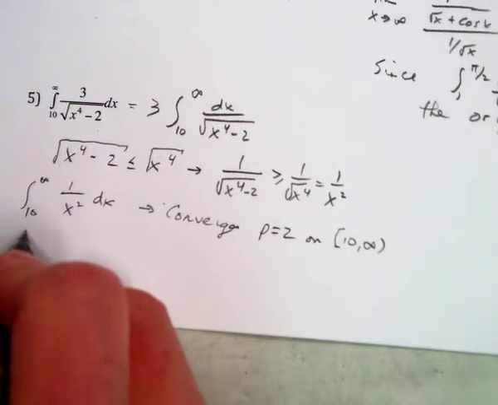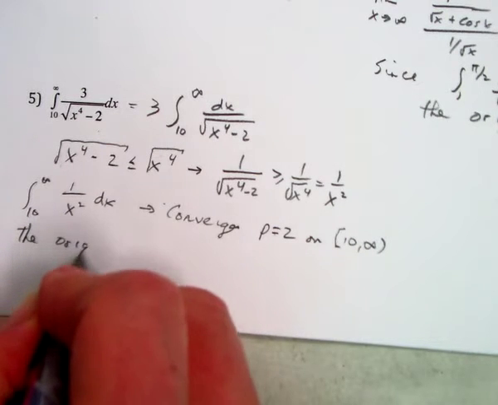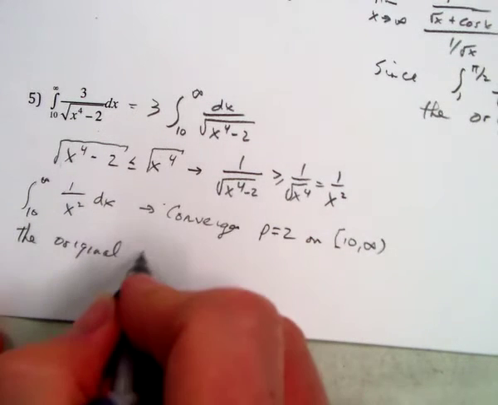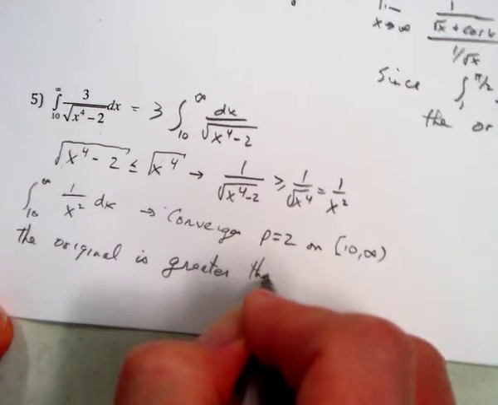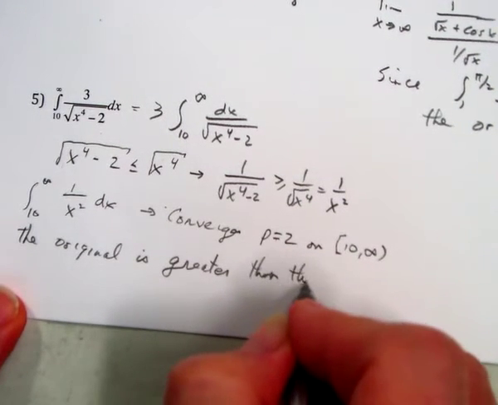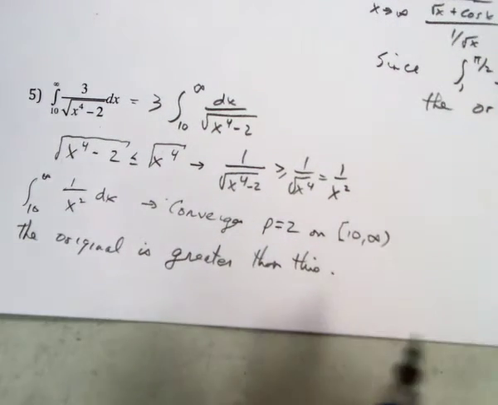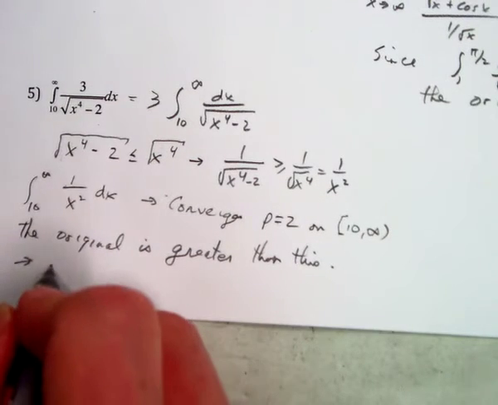Now, the original is greater than this. So what does that mean? That means this is inconclusive.